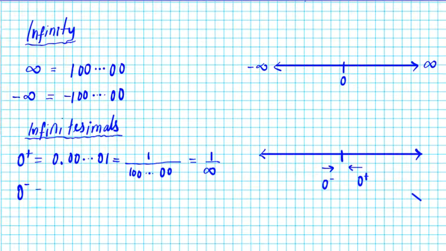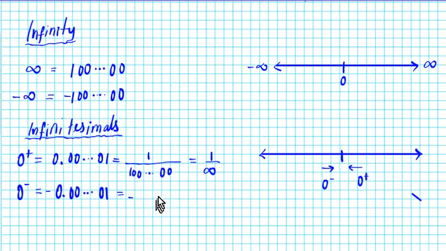Really, the biggest negative number, okay? Or a really small number with a negative in front of it. So this one is just like that, but throw in a negative sign in front: negative 0.00, an infinite number of zeros, 0, 1. This is the decimal form of the negative infinitesimal. This decimal format can also be written as a fraction. So in fractional form, it's going to be like the top, but you'll have a negative sign.